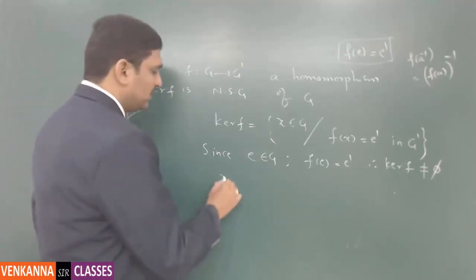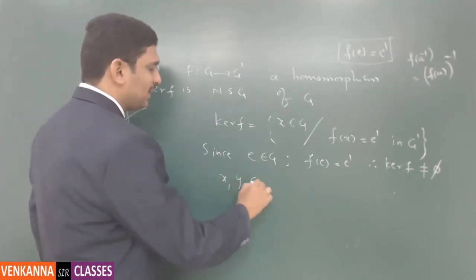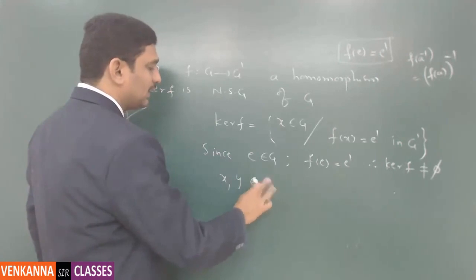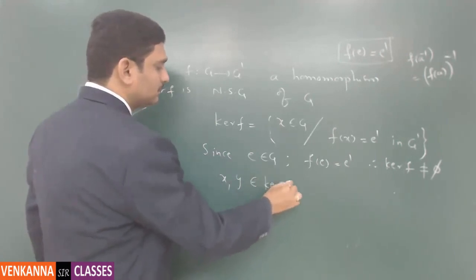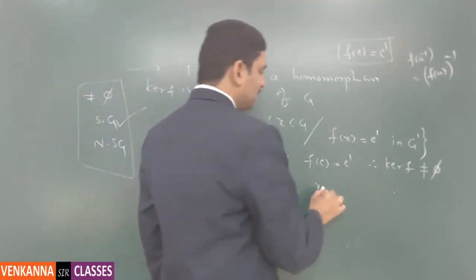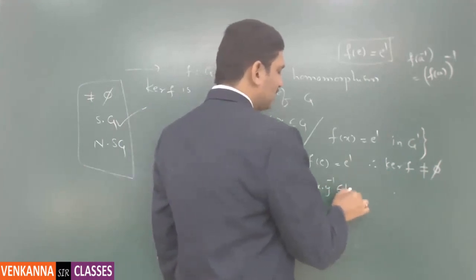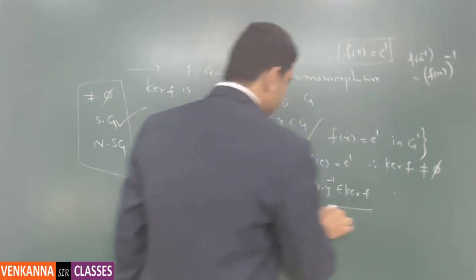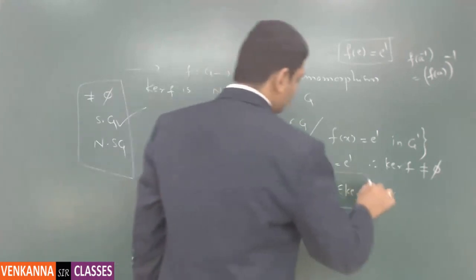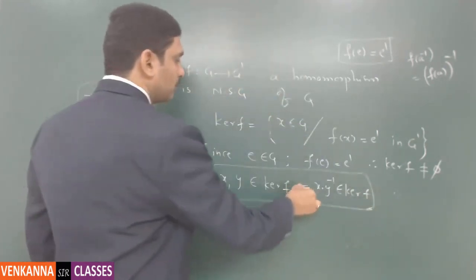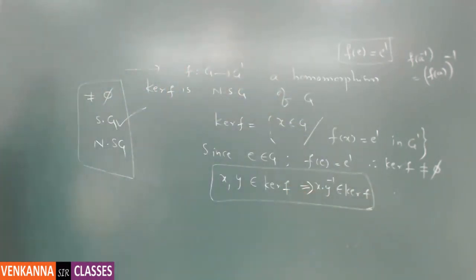So if I take two elements x and y in kernel, I have to show that xy inverse belongs to the kernel. So if I have shown this condition, as per the necessary and sufficient condition, kernel f becomes the subgroup. Now let us take the two elements here.